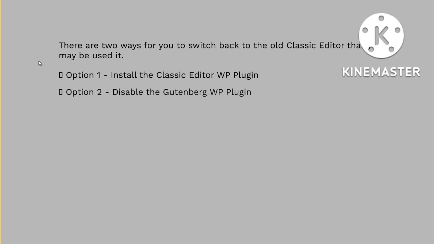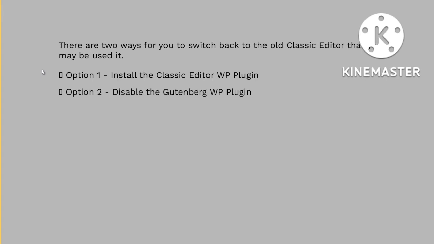Now, bear in mind that option 1 is what most of you are going to implement. Option 2, the reason why I included this was because some of your clients or some websites that might be outdated, that haven't been updated, may be utilizing the Gutenberg WordPress plugin.